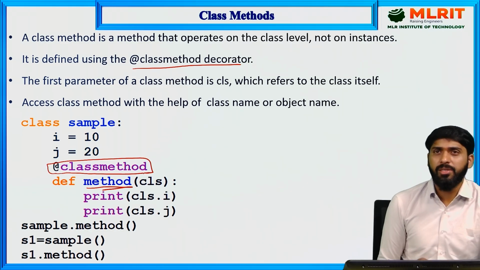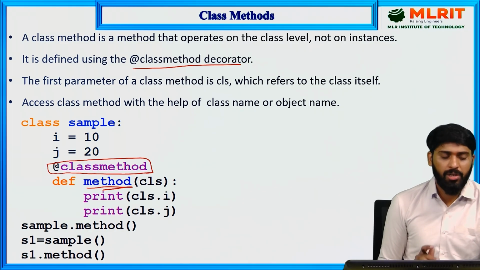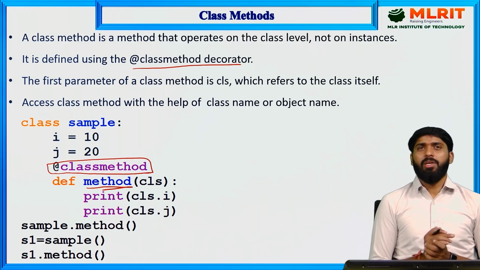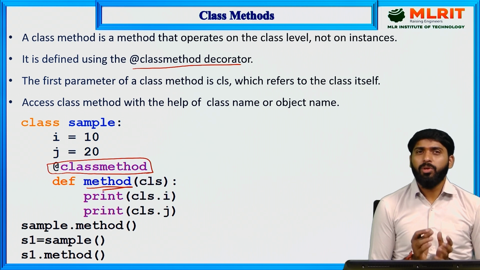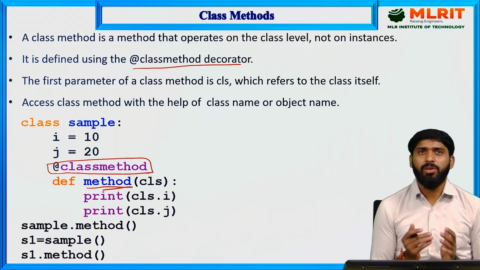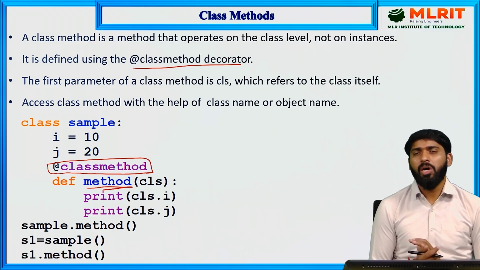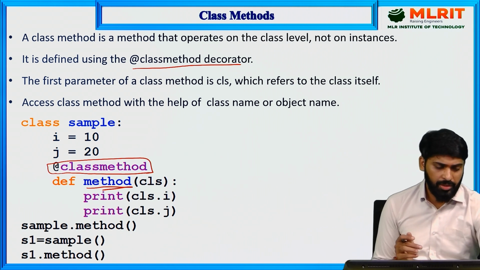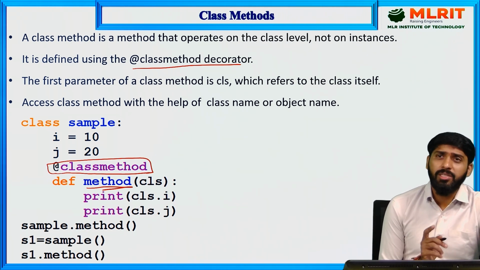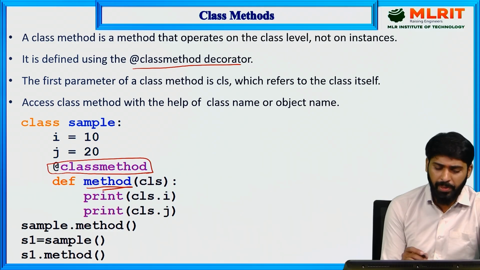The decorator is @classmethod. Now what is the purpose of this class method? This class method I am going to use to access the class attributes, the class variables. That means I want to operate this method on class level, not on instance level. Now in an instance method, the first parameter is self.